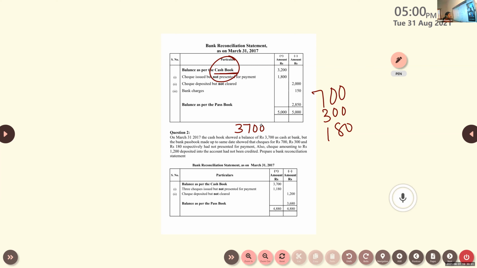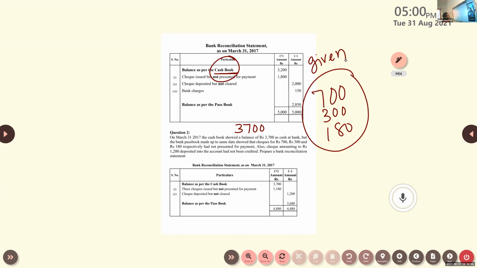So the business had issued these many checks. Issued means given. But they understand that these are not presented for payment.